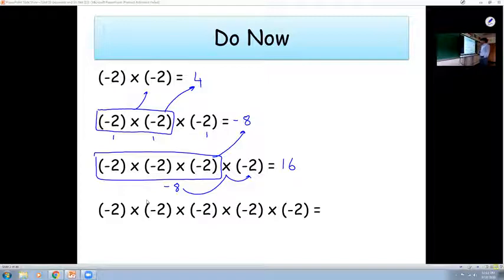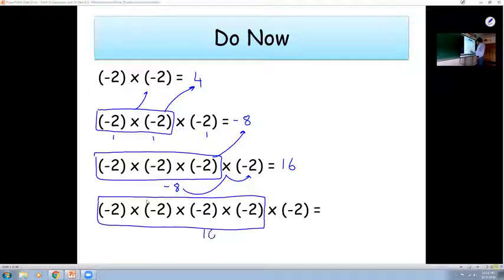So we have 4 -2s. I know the answer from the top. It is 16, and the same story here: 16 times -2 is -32. Okay, I got all those answers.